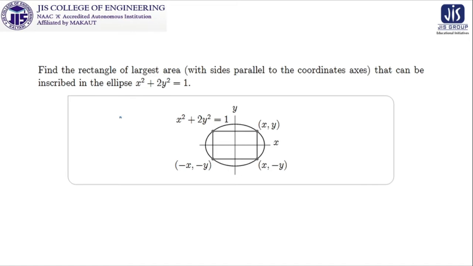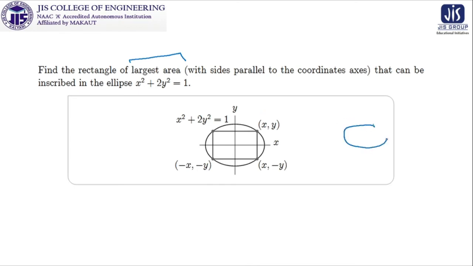Here firstly we have to emphasize the question, because the solution will be given to you for your own understanding. The question is very important. What is said? Find the rectangle of largest area with sides parallel to the coordinate axes, which you can inscribe in the ellipse.